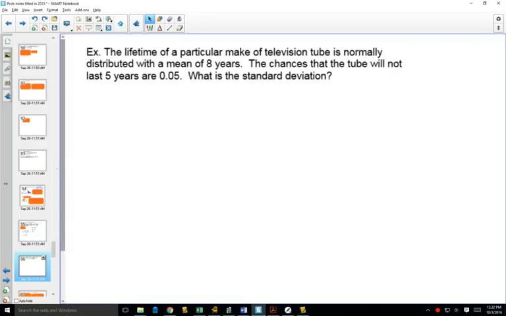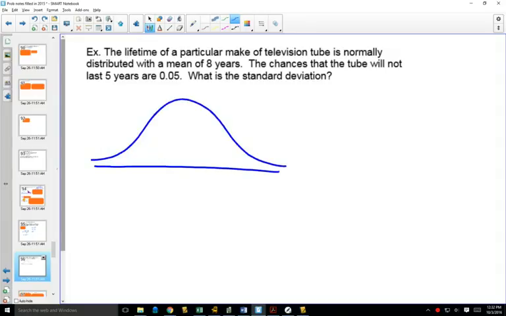So as far as drawing our picture goes, this is the information that we're given. Got a bell curve because it's normally distributed. So anytime you have this in a question, it's telling you that it makes that bell curve, and it's telling you you're going to need to use either inverse norm or normal CDF.